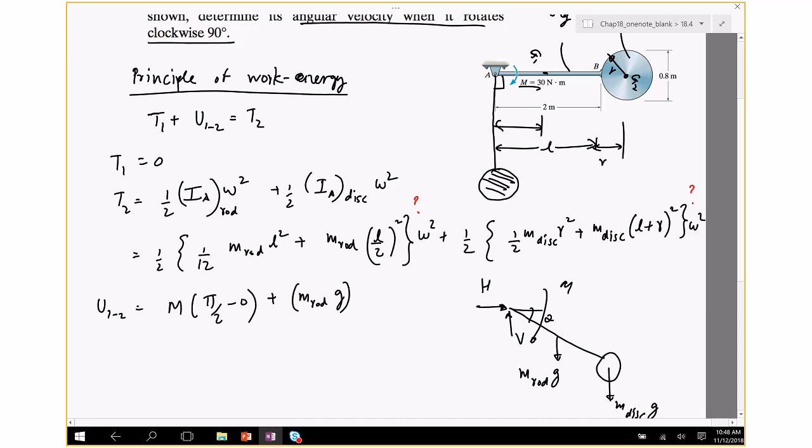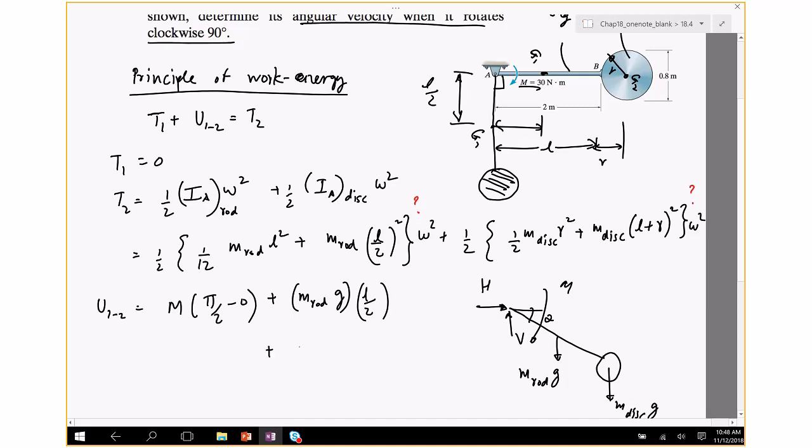So m rod g is downwards, displacement is downwards. It displaces by a length equal to L divided by 2, right? The center of mass goes from G1 to here. So the displacement is L divided by 2. And the sign on that is positive because displacement is downwards, the force is downwards.